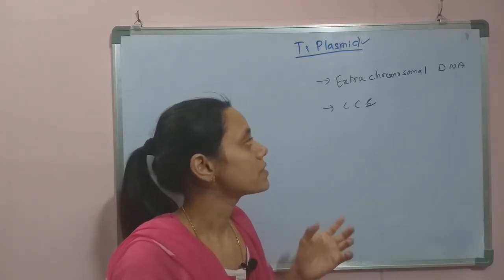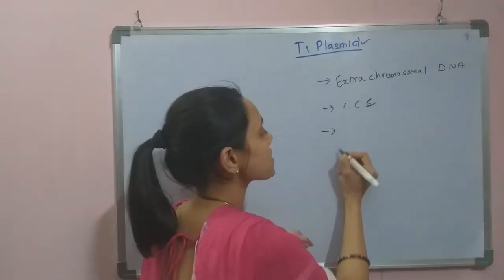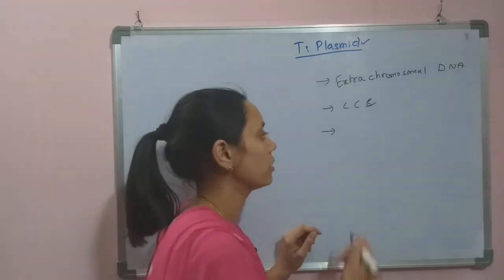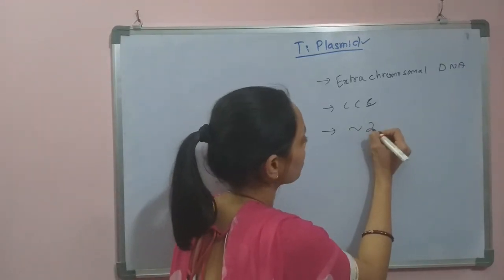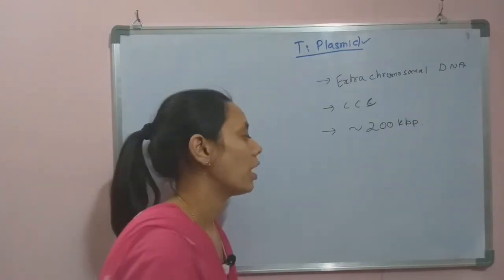Also this TI plasmid is called a megaplasmid. That means the size of the TI plasmid is very big, nearly 200 kilobase pairs.